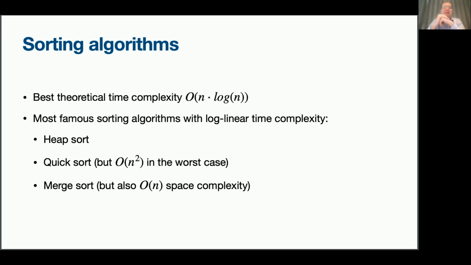Merge sorting algorithm is more stable, but it requires more space complexity, more space to store intermediate results. It requires linear space to store elements. But the advantage of this algorithm is that time complexity is absolutely stable, and it's linearithmic. So sometimes it's reasonable to use merge sort when you need the time complexity to be more stable, and you don't want to risk the worst case of quick sorting algorithms.